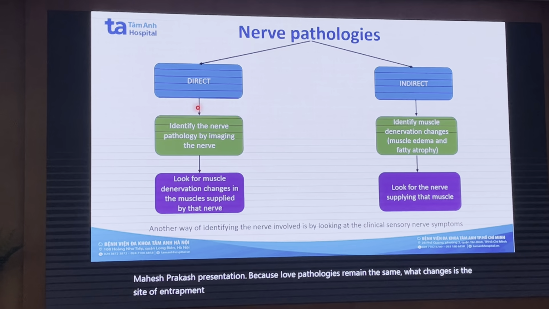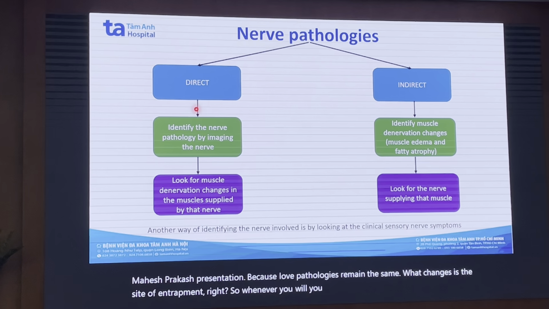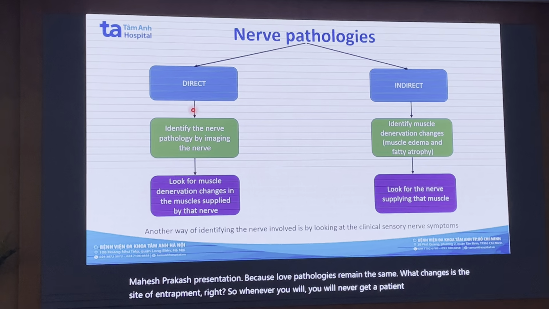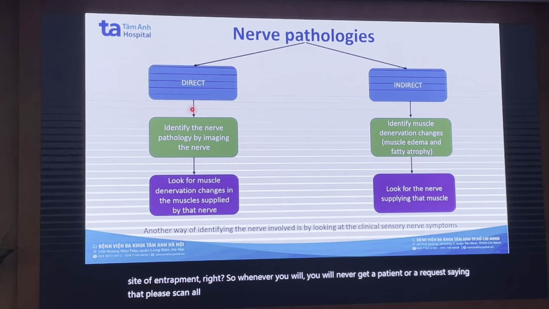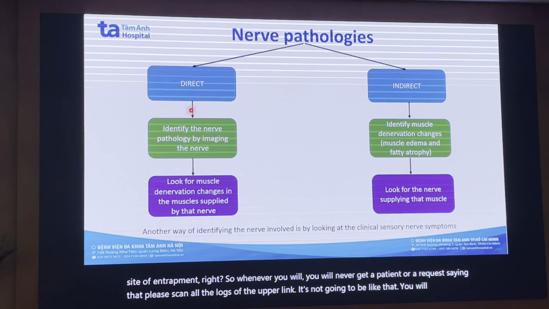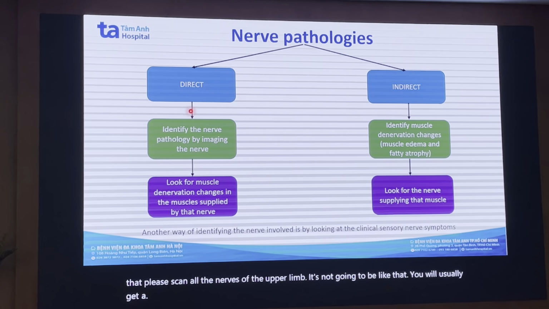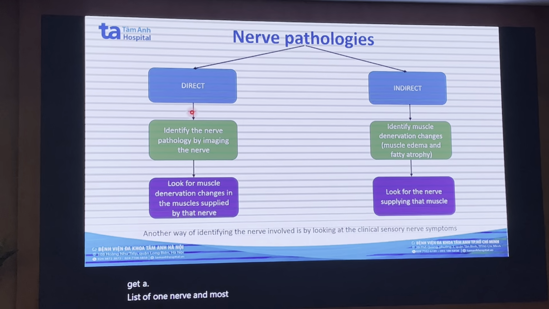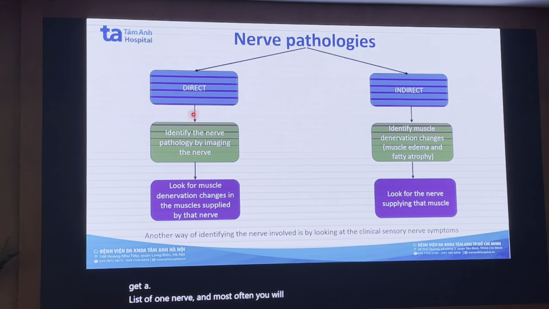So you will never get a request saying that please scan all the nerves of the upper limb. It's not going to be like that. You will usually get a request for one nerve, and most often you will get which particular area to look at.